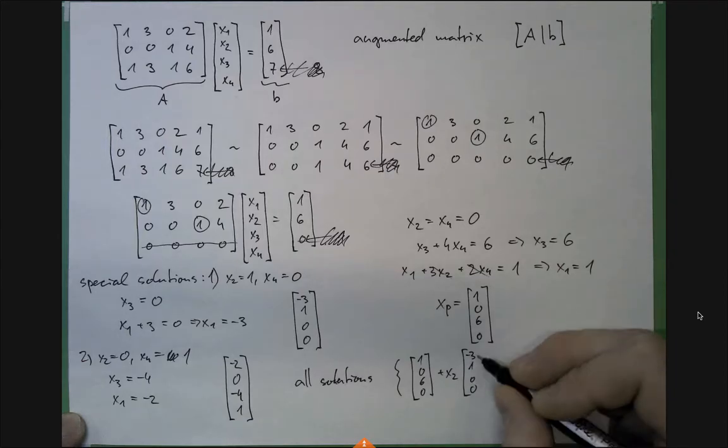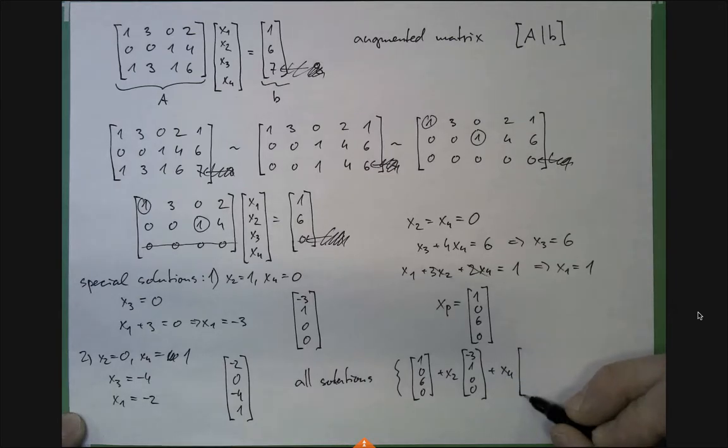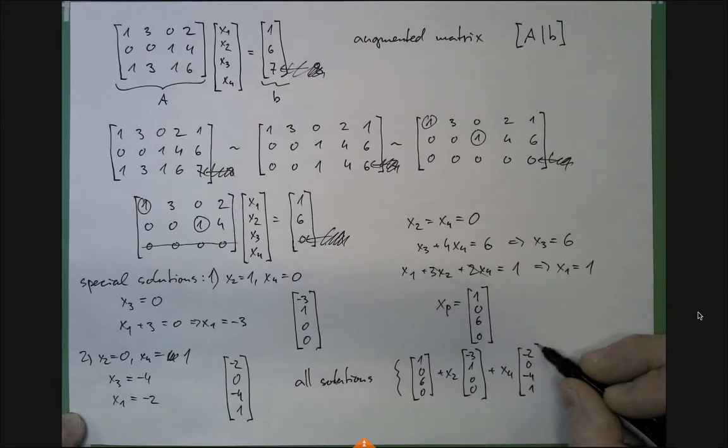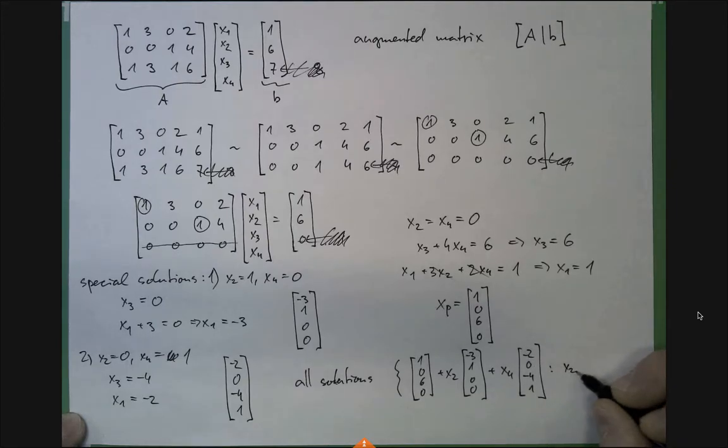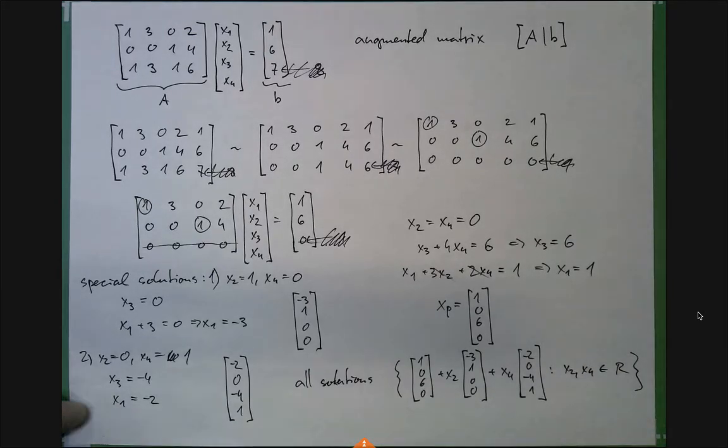But the whole point is to just find a particular solution and then linearly independent special solutions, where x2 and x4 are arbitrary real numbers. Okay? Notice that if I plug for x2 and x4 zeros, I get exactly my particular solution. Nothing that special.